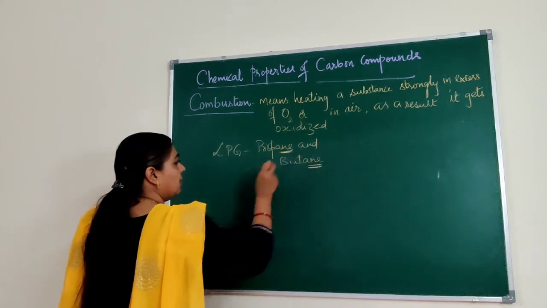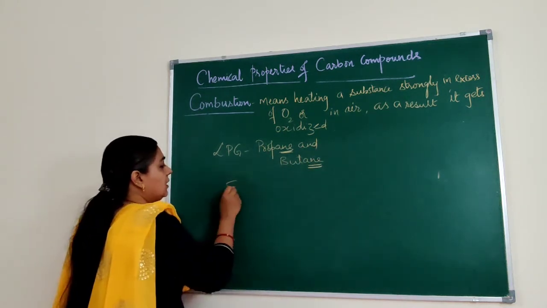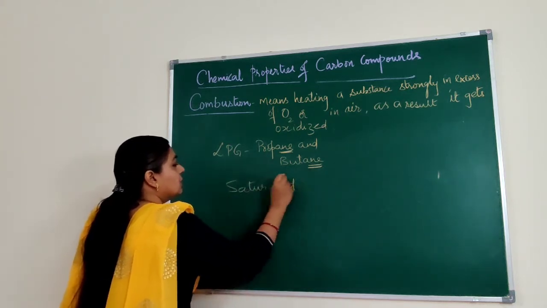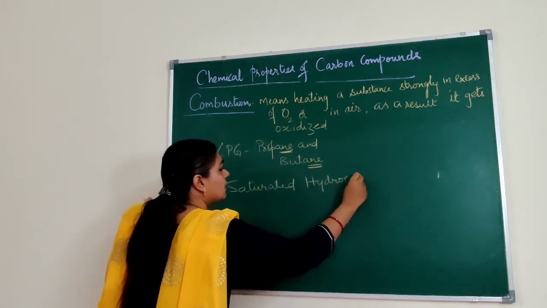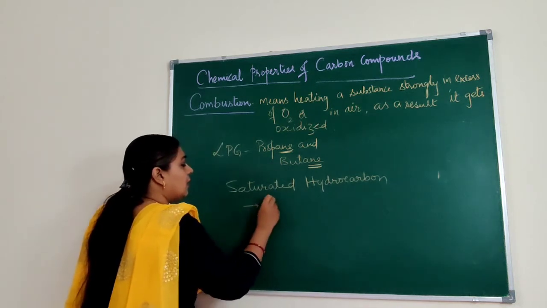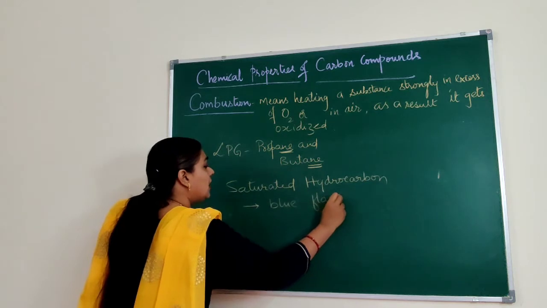When I say propane and butane, what organic compounds are they? They are saturated hydrocarbons, isn't it? Whenever a saturated hydrocarbon is burned, it gives a very clean flame. Saturated hydrocarbons always give a blue or clean flame.